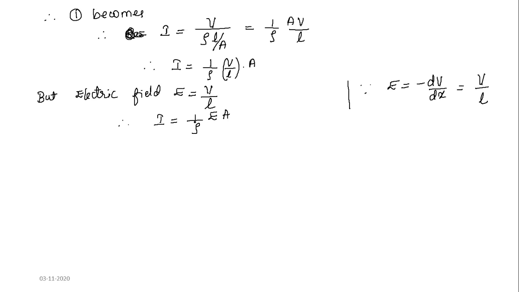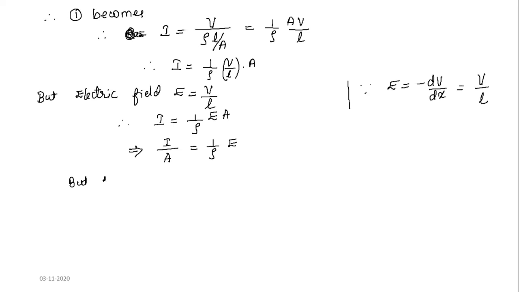So I is equal to 1 divided by rho into E into A. This implies, take A to this side: I divided by A is equal to 1 divided by rho into E. But what is this?